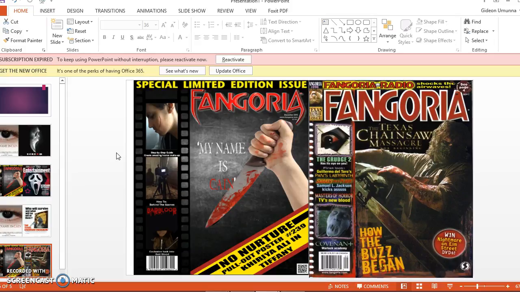You've got the little numbers over there, you've got the cross promotion over here at the side, you've got the special limited edition issue at the top, looking like that. It all adds up, it all builds up, making it seem like our film is going to be special. So yeah, that's what I think about our promotional packages compared to other films.